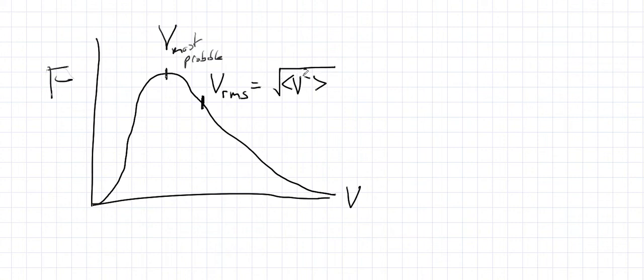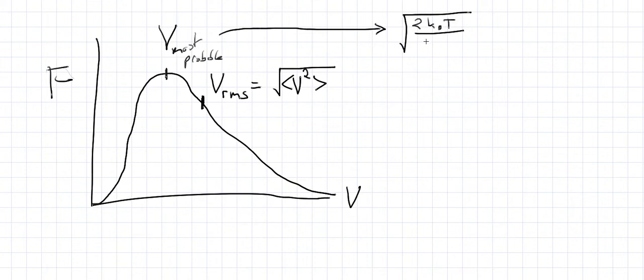So root, mean, square. Of course, we could find the most probable speed by taking the derivative df/dv and looking for this maximum. And if you do that calculation, you get the most probable speed is going to be the square root of 2kT over the mass of the molecule.